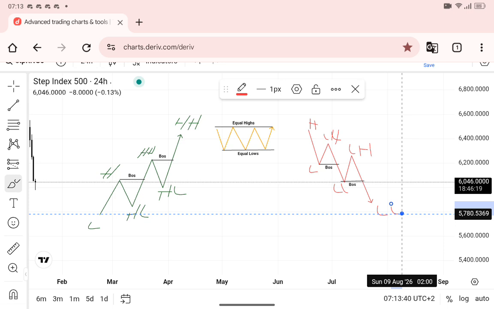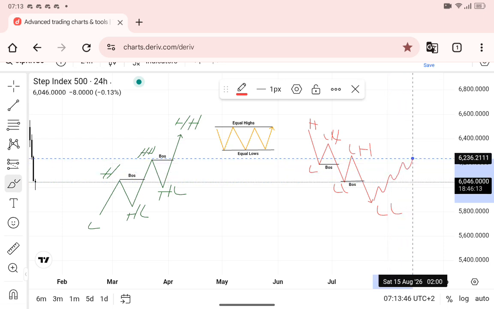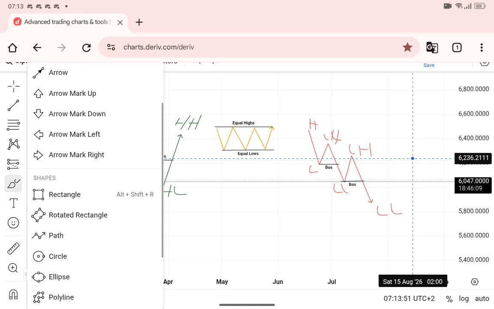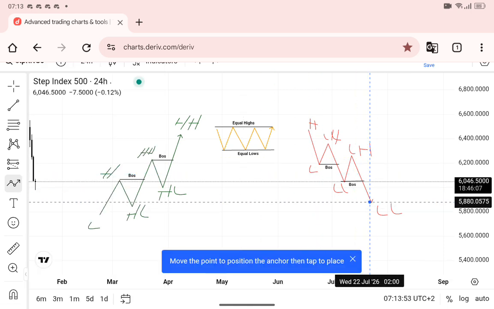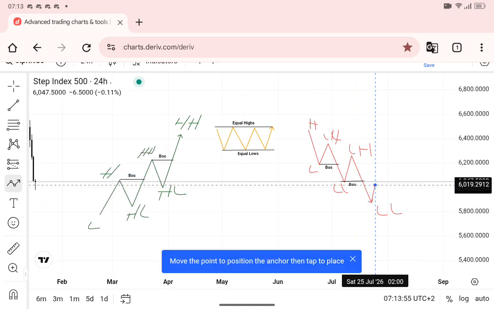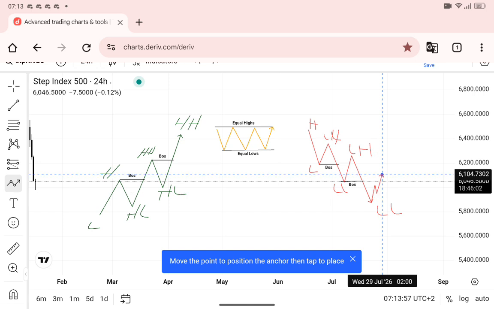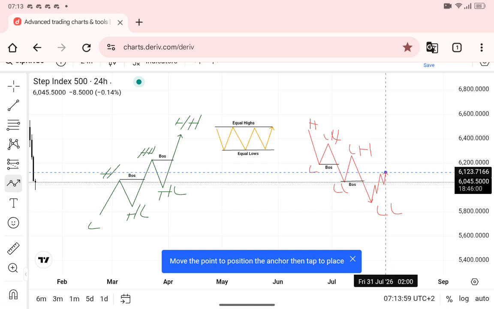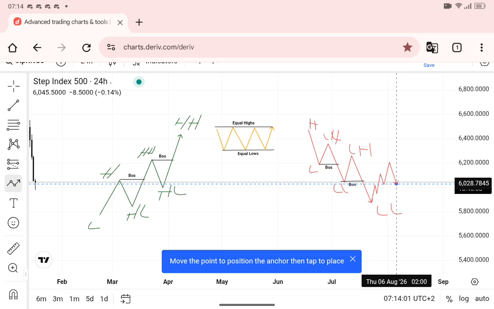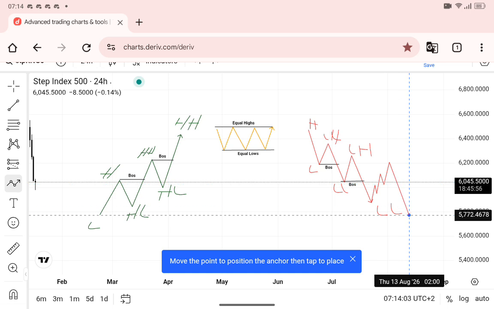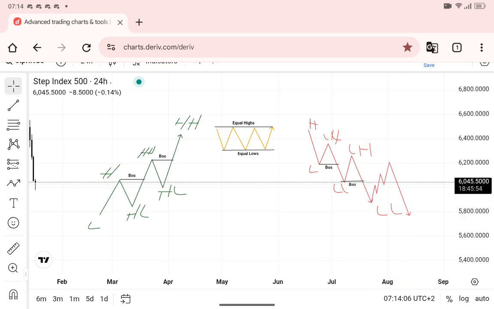So now, if you are looking at the bearish movement, you'll be expecting a retracement, whether it's a 50% or 78.6 or 100 before a continuation, because now you'll be looking at what?